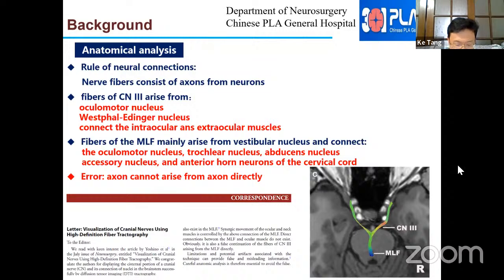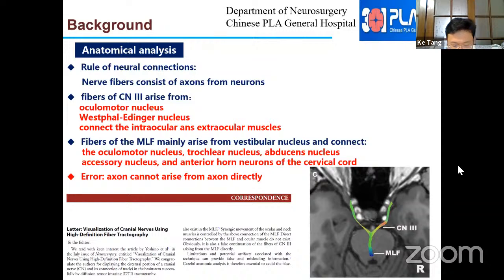For this case, we want to talk about this DTI error from the view of neural anatomy. According to the rule of neural connections, the nerve fibers consist of axons from the neurons.